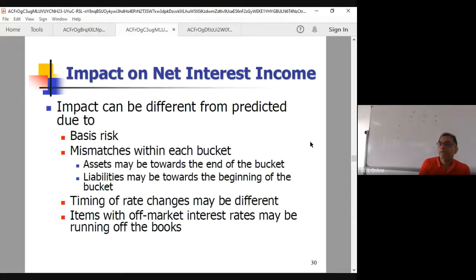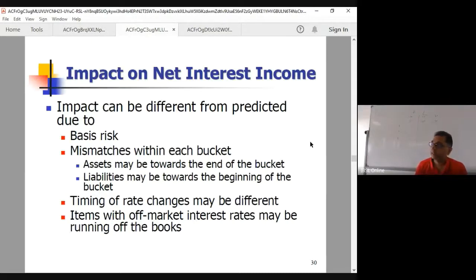So it doesn't mean that across the board, unless your assets and liabilities are distributed evenly. If you have more assets sitting out in the far end or the near end, the timing of the rate changes or the degree of rate changes, and how it has gone through the entire period, will have an impact on the actual NII itself. So it's not always straightforward to estimate that.